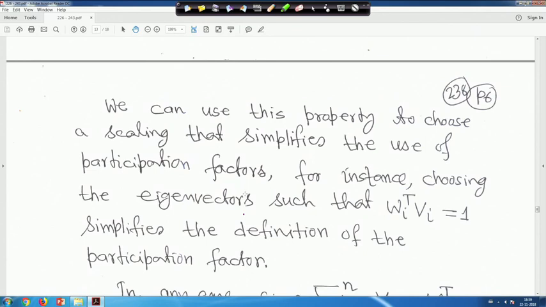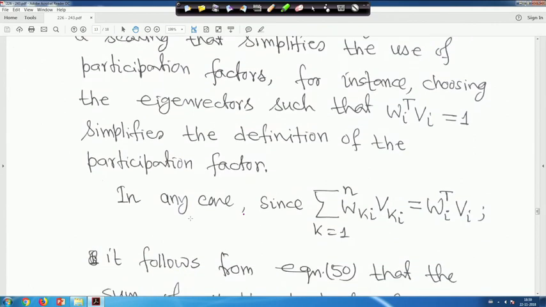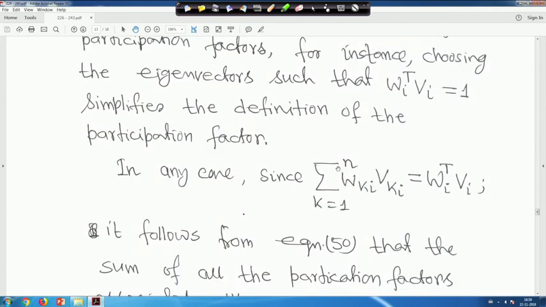For instance, choosing the eigenvector such that W_i transpose V_i is equal to 1 simplifies the definition of the participation factor that we have seen: the sum over k equal to 1 to n of W_ki V_ki is equal to W_i transpose V_i. Similarly, the sum over k of psi_ki phi_ki can be written as psi_i transpose phi_i.